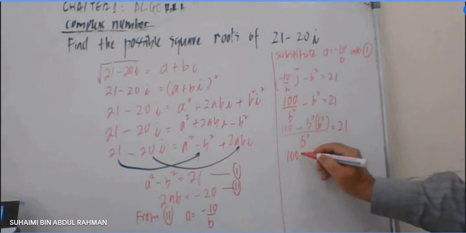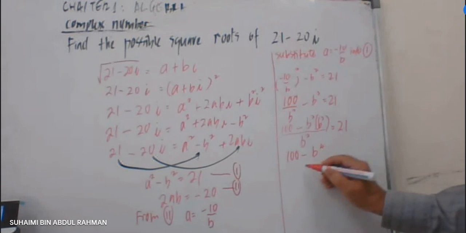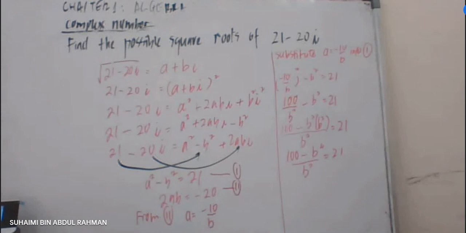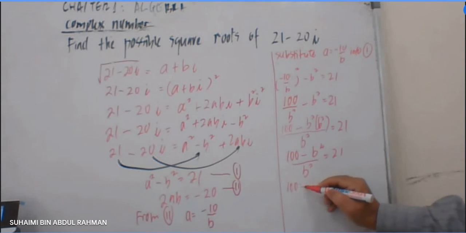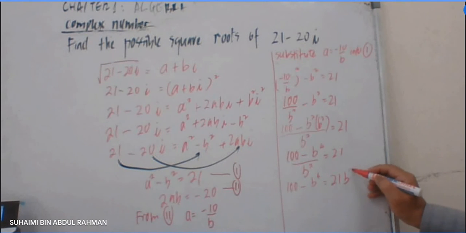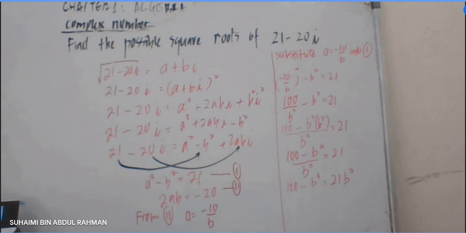So 100 minus b power of 4 divided by b square equal to 21. 100 minus b power of 4 equal to 21 b square.